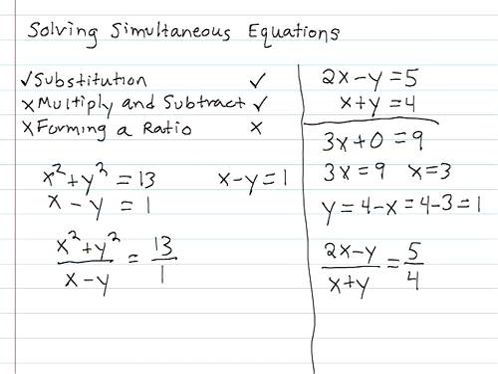So this is something you really need to think about before you start trying to put equations together. You really need to think about which of the techniques you can use to get the job done. And you want to use forming a ratio whenever possible because it's the easiest. But it doesn't work in all the cases.